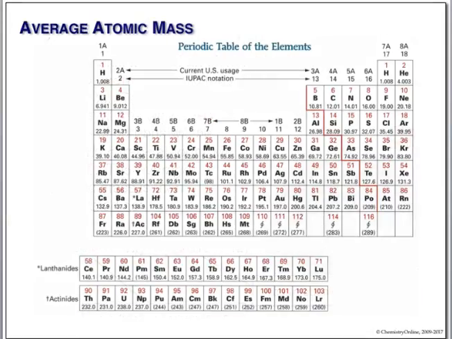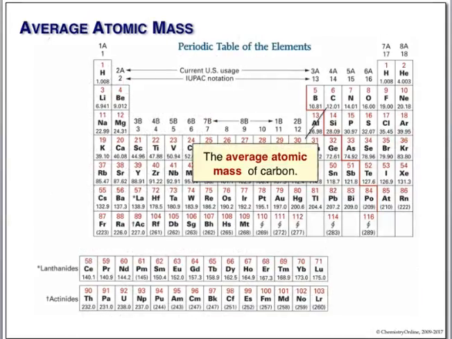If you look at the periodic table, you'll see the mass shown here underneath the symbol, look at it over here, is 12.01. That's the average atomic mass based on the isotope distribution. On Earth, the isotope distribution is generally constant.